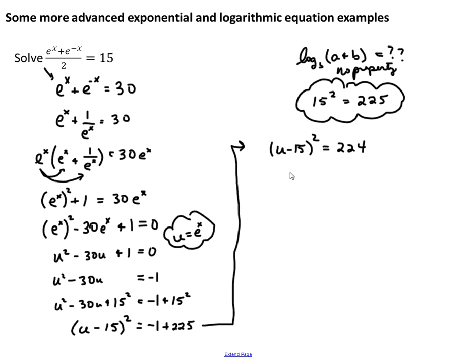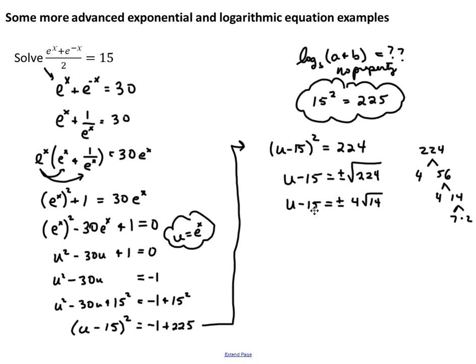So we take the square root on both sides. u minus 15 would be equal to positive or negative the square root of 224. Now, of course, we need to ask, is there anything that we can do with 224? So u minus 15 is equal to positive or negative 4 times the square root of 14 when we reduce that down.